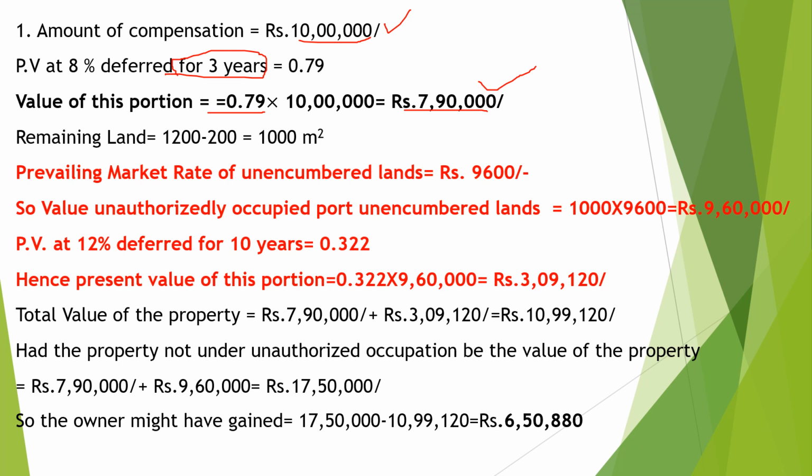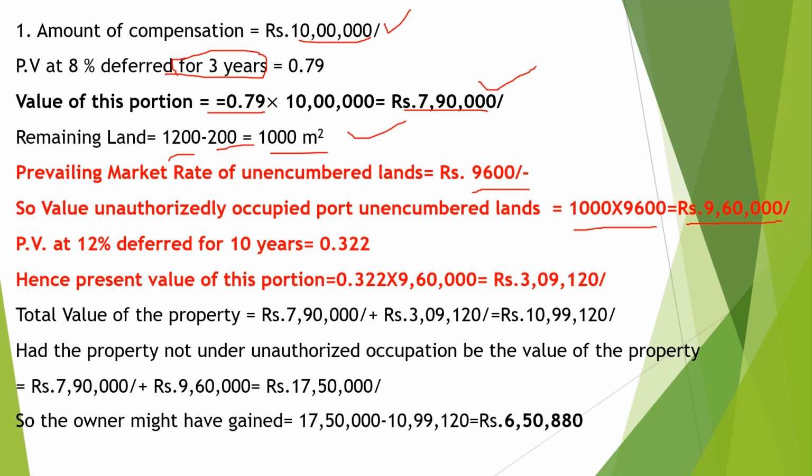So out of 1200, 200 square meter is to be acquired, so the remaining portion is 1000 square meters. The rate is given to you as 9600 per square meter. So 1000 into 9600 per square meter, value comes out to be 96,00,000.